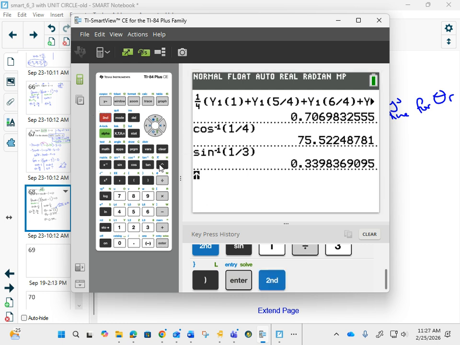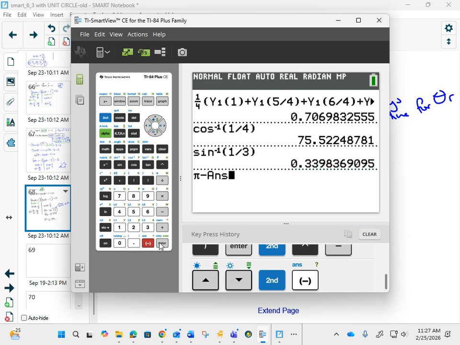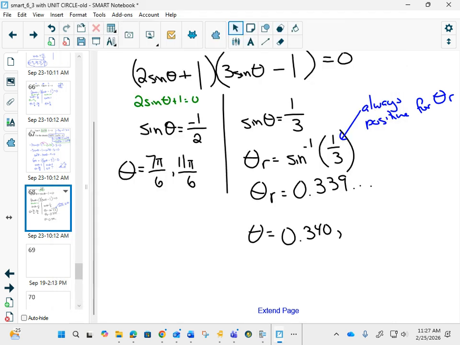So in radians you would do pi minus your reference angle. Sometimes you can highlight it, sometimes you can go second answer. That way it keeps all the decimal places. 2.802. So we round to 3 decimal places.